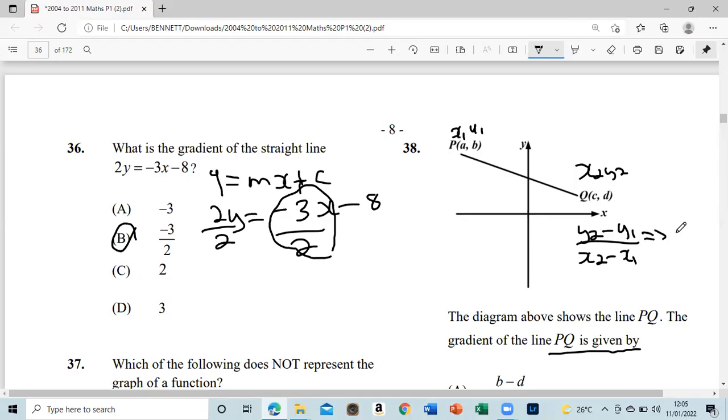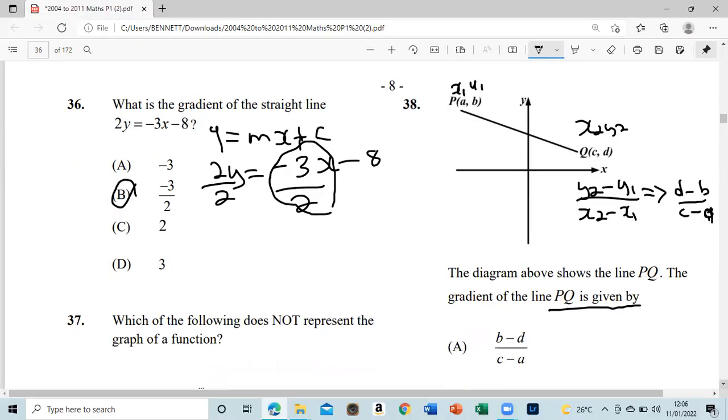So let us proceed now. So y2 would be d minus b over c minus a. If you turn it the other way, it can be b minus d upon a minus c. Once it's in this order, it's correct, all right?